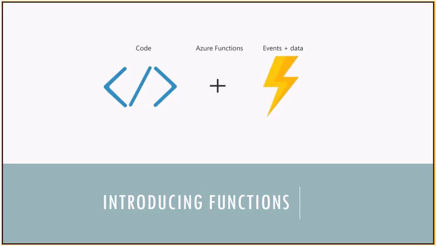Now we delve into our main topic for the day, Azure Functions. Azure Functions is a serverless compute service that enables you to run code on demand without having to explicitly provision or manage any infrastructure.